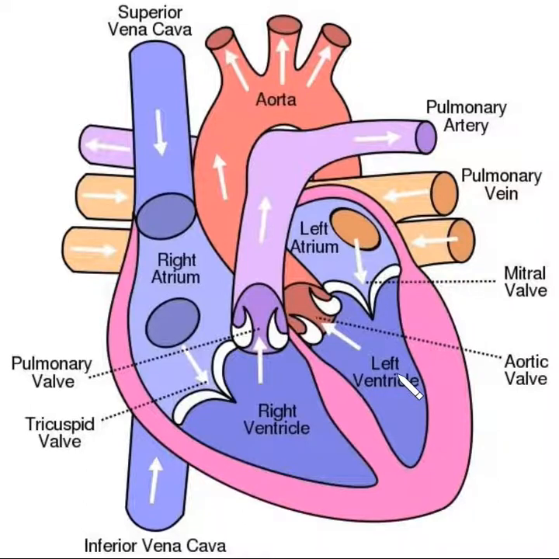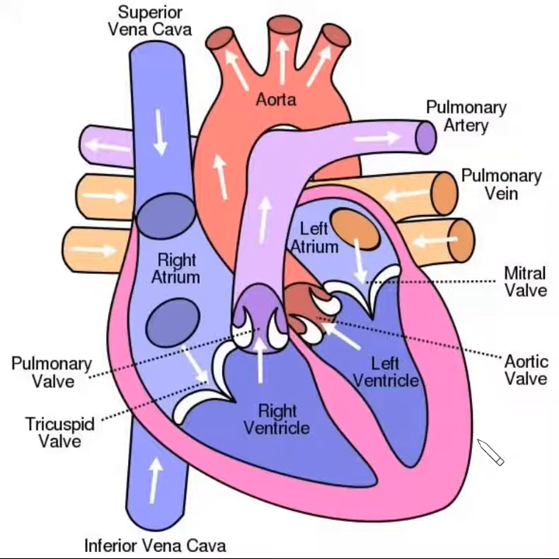This layer prevents excessive expansion of heart, and another layer is called serous pericardium, and this serous pericardium has two thin sublayers. One is called parietal layer and another is known as visceral layer.